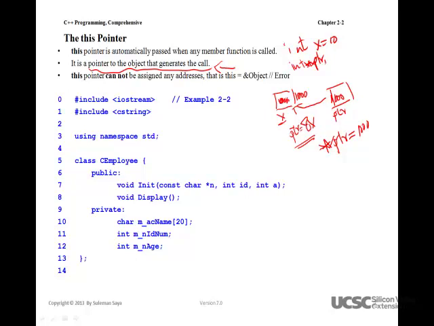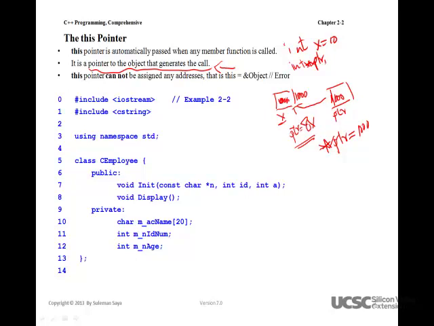At line number 0, I have include iostream. We already talked about it in the previous examples: iostream is a header file that has the istream and ostream classes, and it provides the objects for us, the cout object and the cin object.